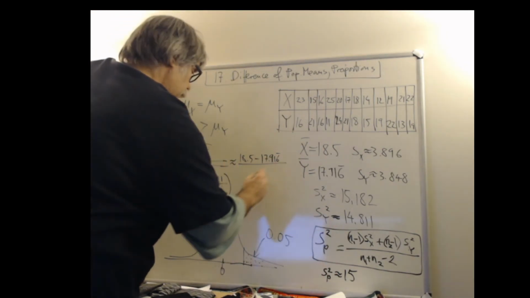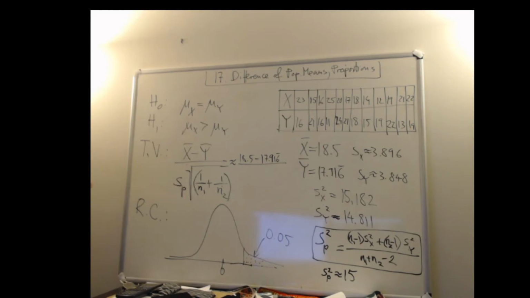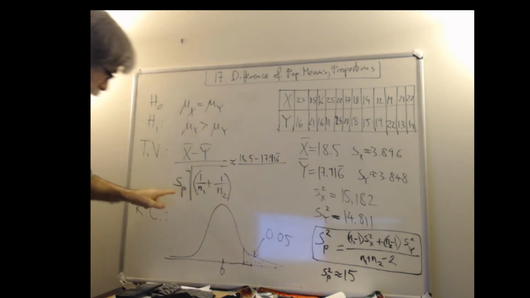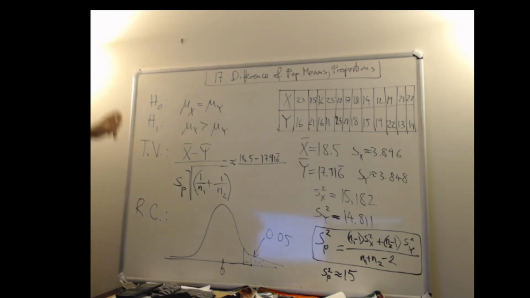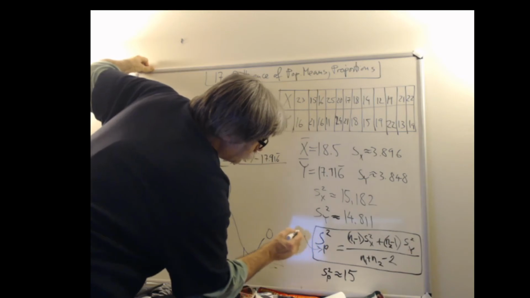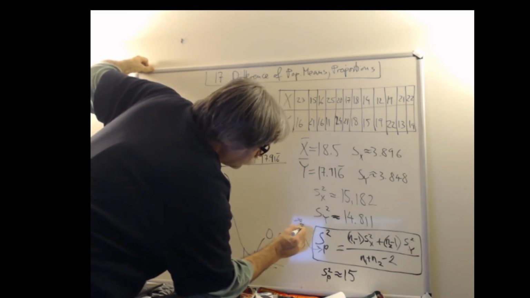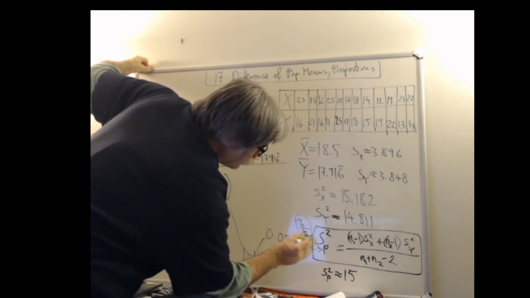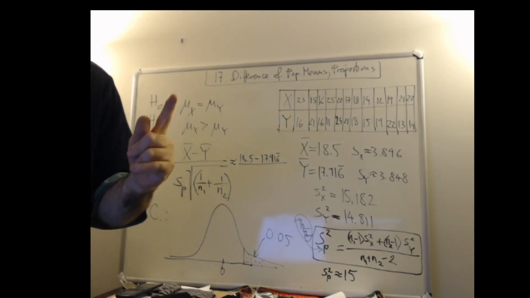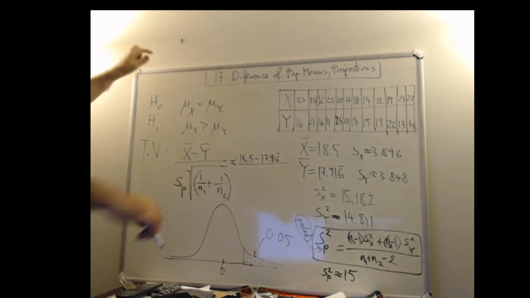Down there I have radical of 15. Radical of 15. This is a pooled variance. This is a pooled standard deviation. I got that to be 3.873.